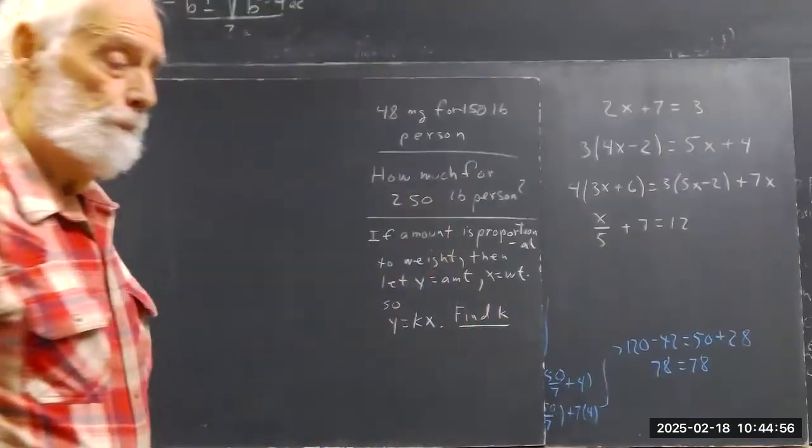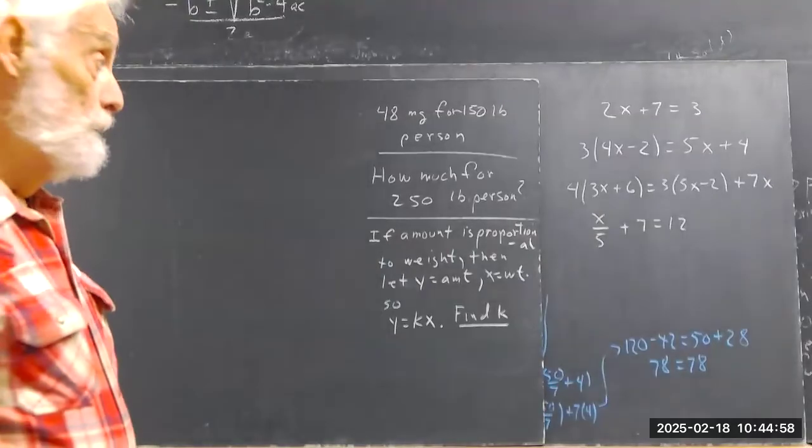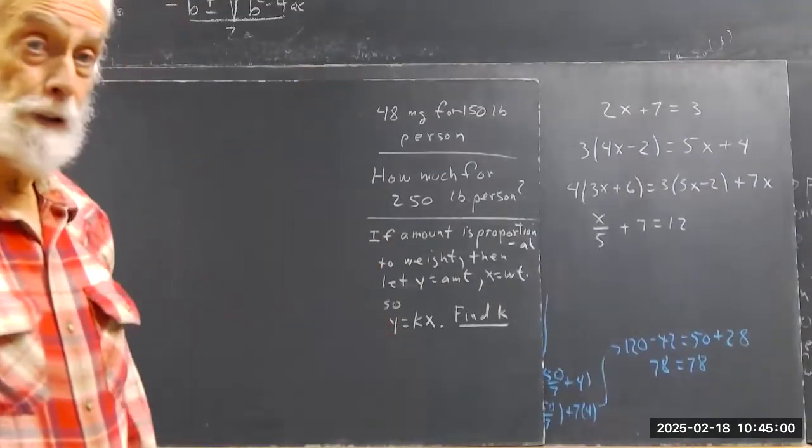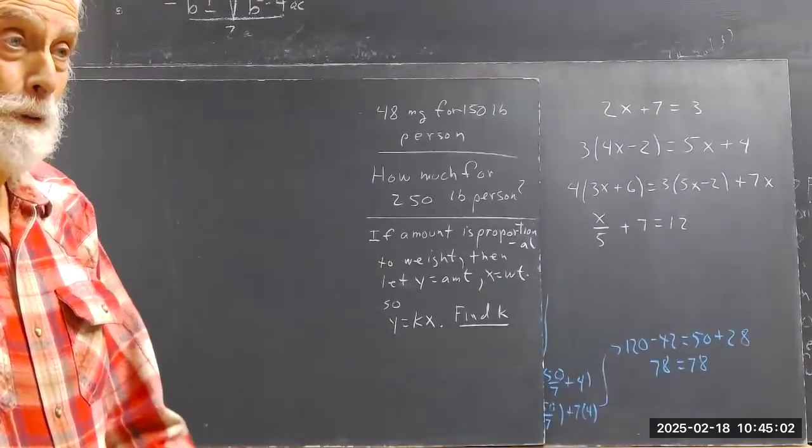We want to find K. Anybody got an idea of how we can take this information and find K? If you do, let me know and we'll pause and talk.